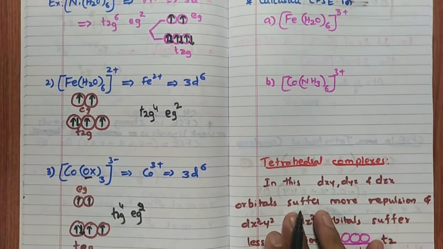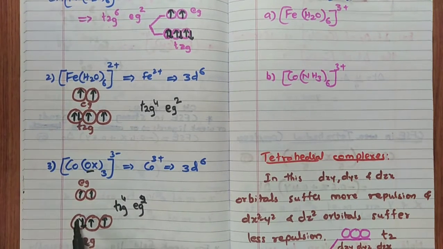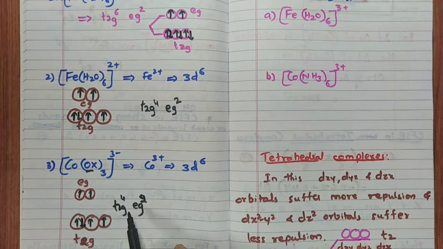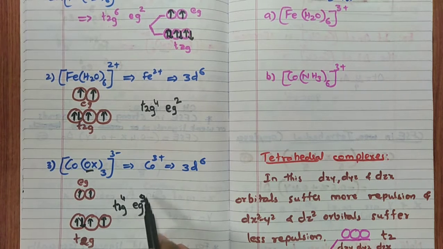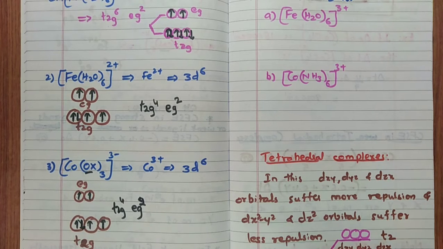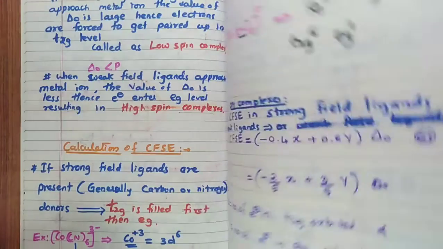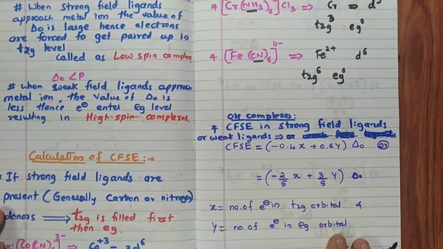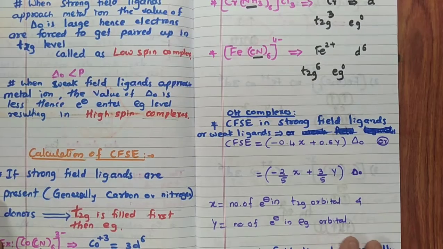For this remember, electrons will fill like 1, 2, 3, 4, 5, 6, right? Then the configuration becomes T2g4 and Eg2. Like this we are going to fill. This is about how to fill the electrons in Eg and T2g in case of strong field ligand and weak field ligand. Now we'll come back to how to calculate CFSE in octahedral complexes.